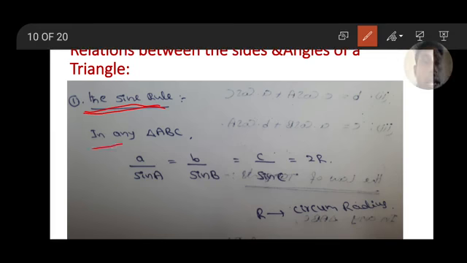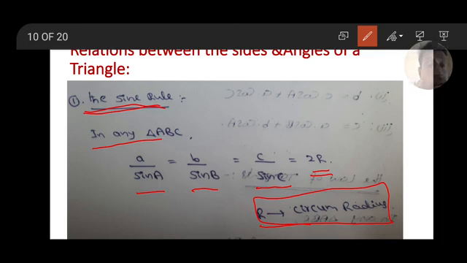In any triangle ABC, small a by sin A equals small b by sin B equals small c by sin C equals 2R, where capital R is the circumradius, the radius of the circumcircle, whose definition we learned. It is called the sine rule.